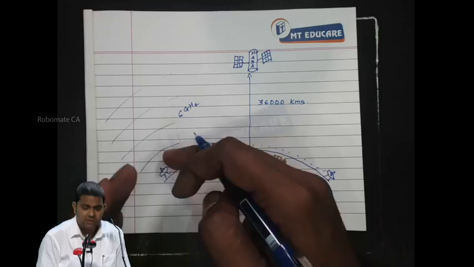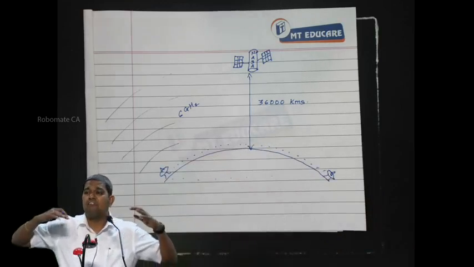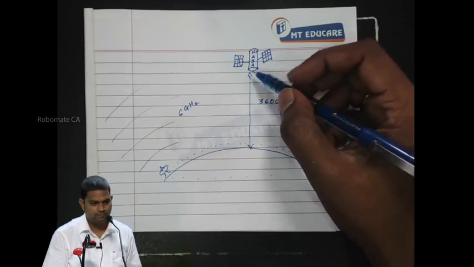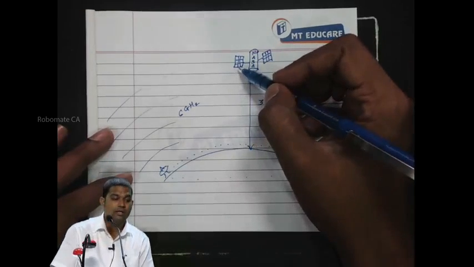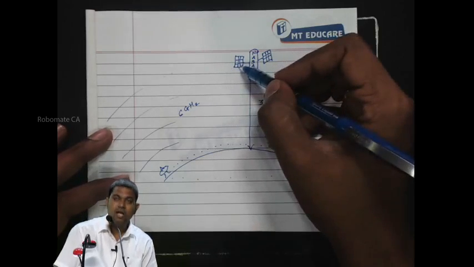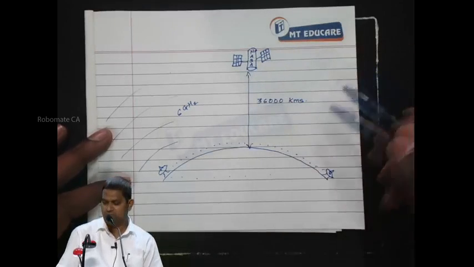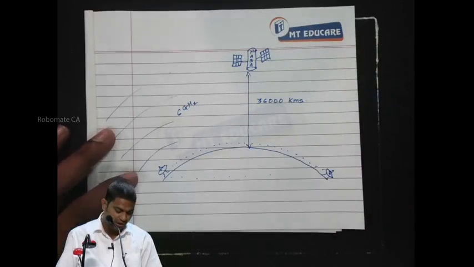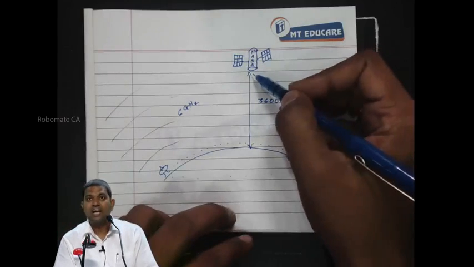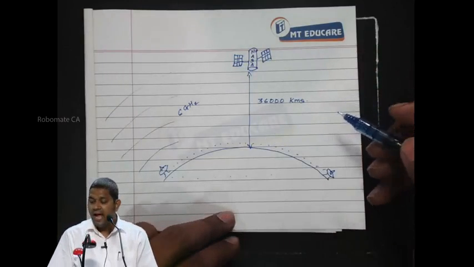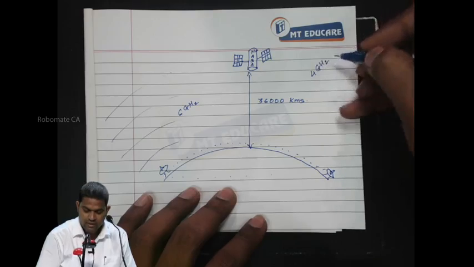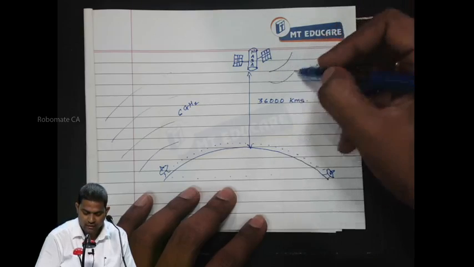Now these signals have to travel a long distance of 36,000 kilometers. So on this particular uplink transponder, it will be accepted. And when the signal is traveling a distance of 36,000 kilometers, the signals tend to fall weak. So this satellite will be amplifying it. And with a downlink frequency of 4 gigahertz, the signals are shot back to Earth.